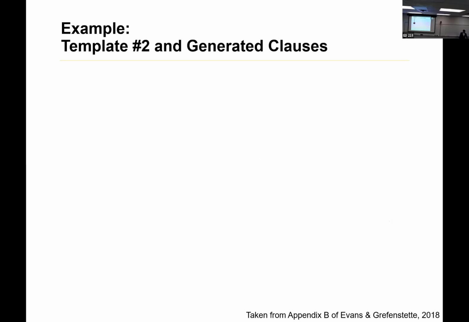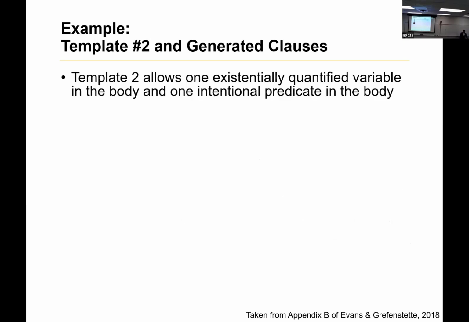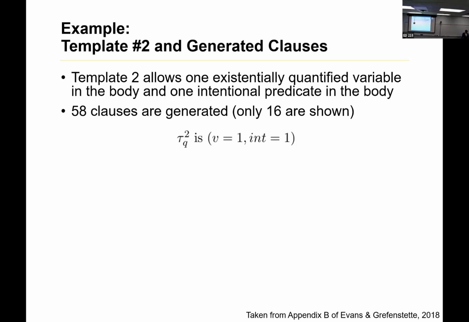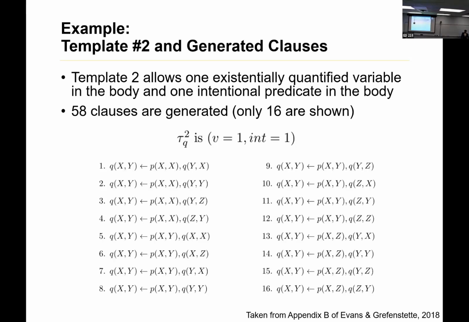Let's look at another example template, number 2. Here, we'll change this up a little bit: one existentially quantified variable in the body and one intensional predicate in the body. Here's how that looks. There are 58, and we'll show the 16.